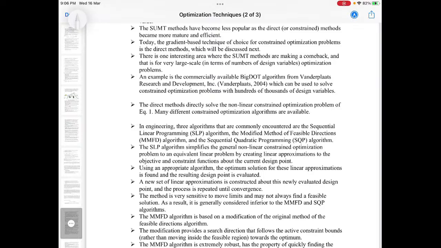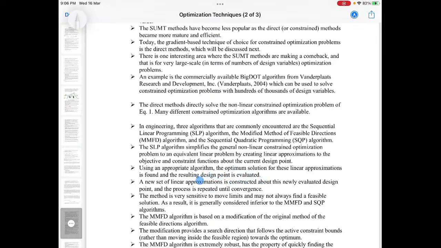Using an appropriate algorithm, the optimum solution for this linear approximation is found, and the resulting design point is evaluated.